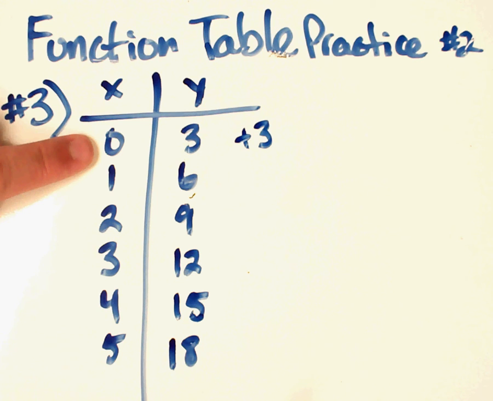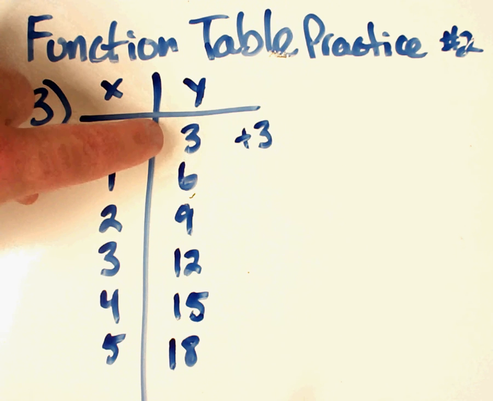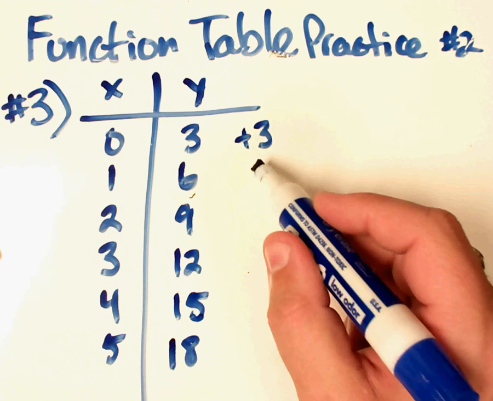Or adding something, because I can't multiply or divide anything and get anything other than 0. And I can't really subtract anything and get a positive number. So I've got to be adding something somewhere.